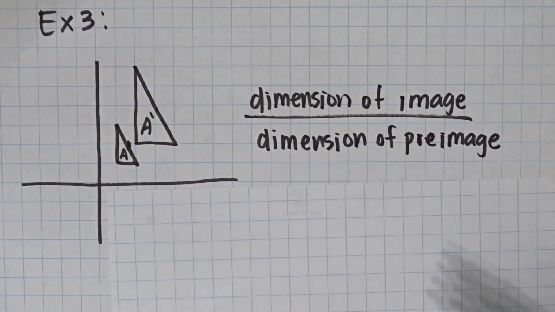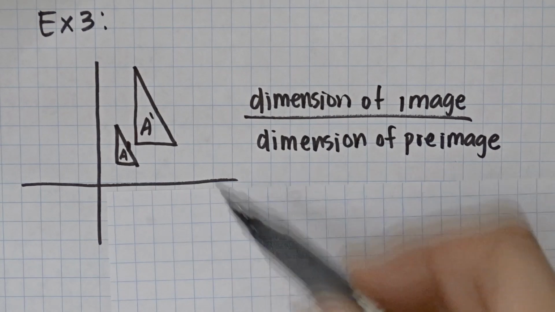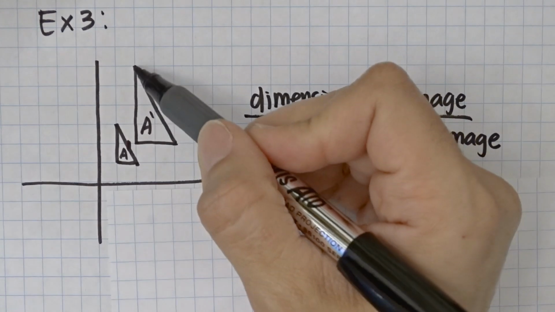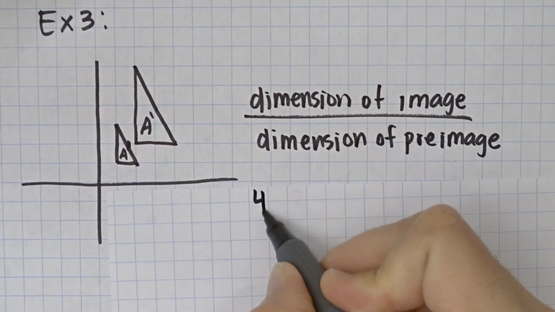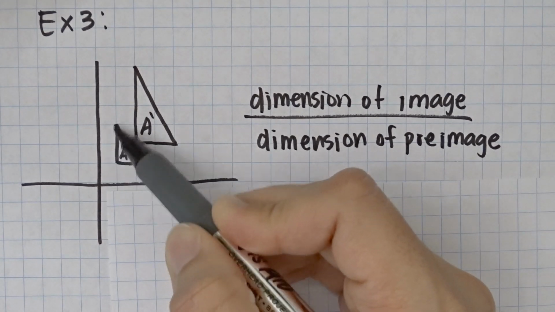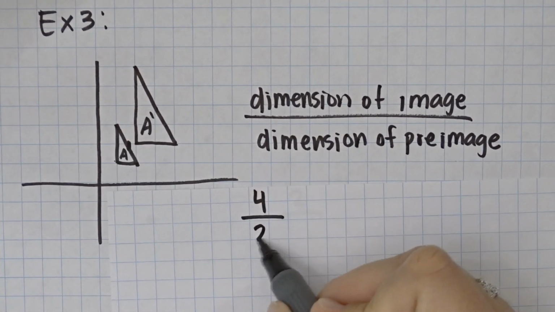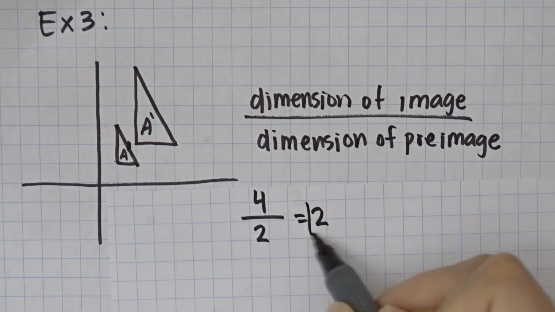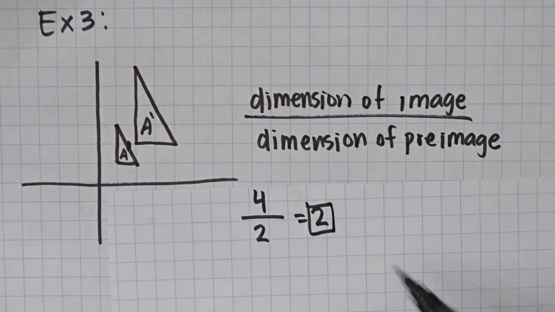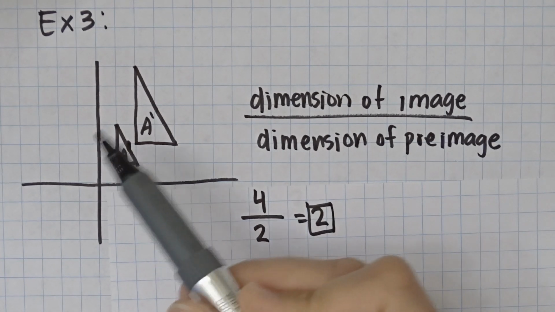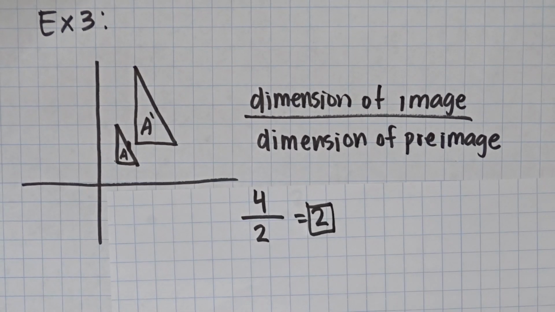All right, so let's set up this division with the dimensions of my image. This is my image, so I'm going to refer to the height. The height of this image is 4, and that height corresponds to the height of 2 on my pre-image. And so 4 divided by 2 is 2. That is my scale factor. So that means that this original pre-image became this image by magnifying the figure 2 times larger.